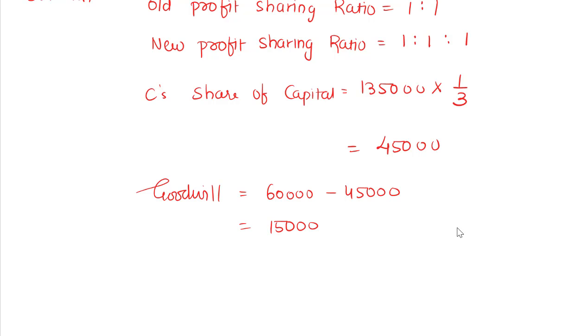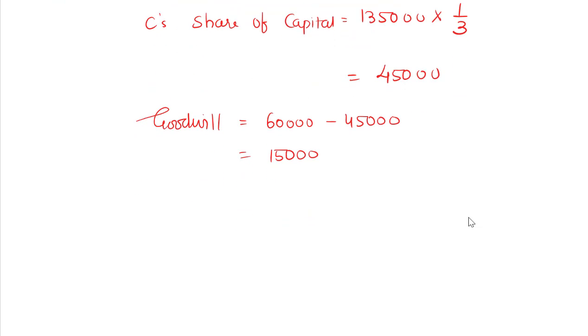So for goodwill she brought in 15,000 for C's share. Total goodwill equals 15,000 multiplied by 3, which is 45,000.